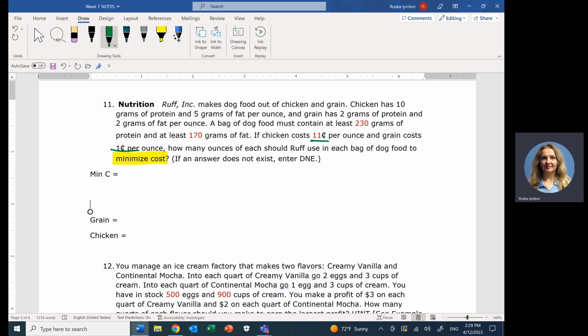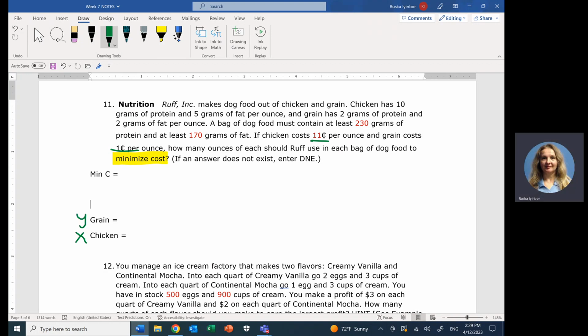Let's say the chicken is X and the grain is Y, because they're always talking about the chicken first. It doesn't matter in this case because it doesn't say what is what, but we're gonna pick X for the chicken and Y for the grain.